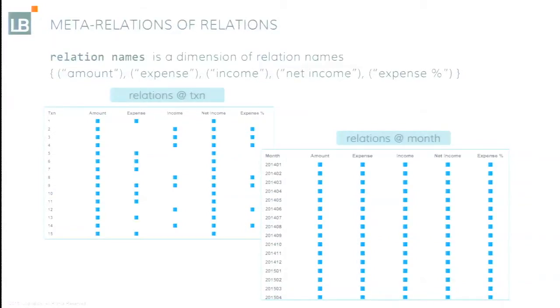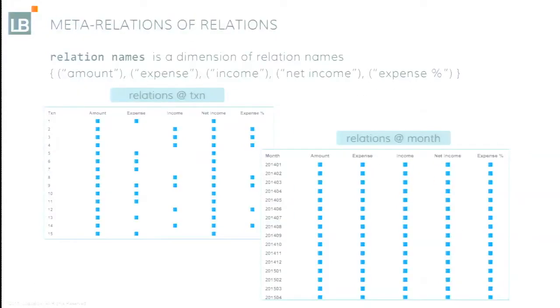And I can lay out transaction on the y-axis, and everywhere you see a dot here, that means that in my meta relations, there is a tuple for the amount relation for transaction 1. And here, since a transaction cannot be both expense and income, you can see that there is an expense tuple, but not an income tuple. And you can see that for month, for example, we have tuples for all relations and all months, okay? Because there's not a single month where we didn't have any transactions.